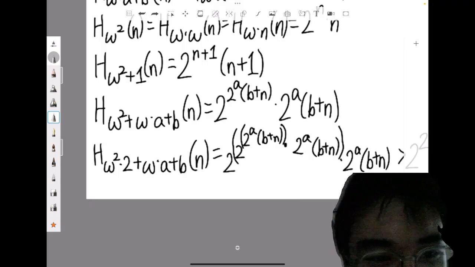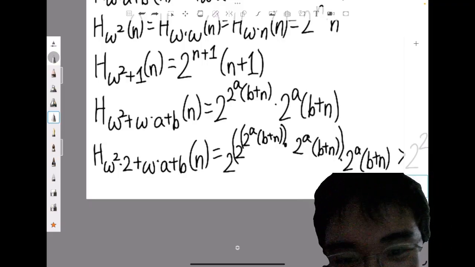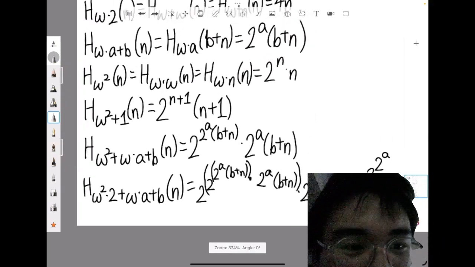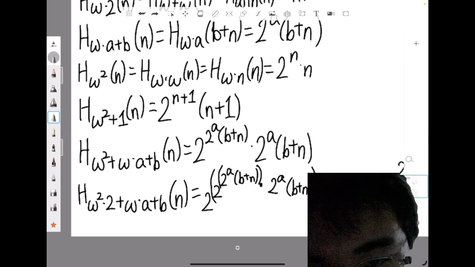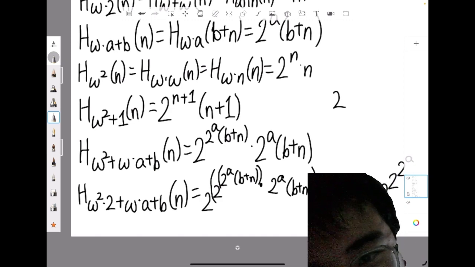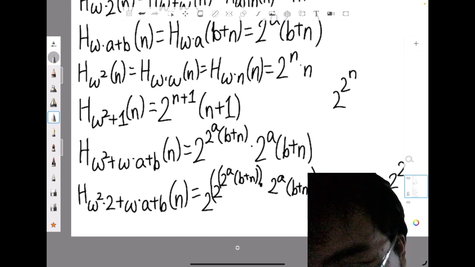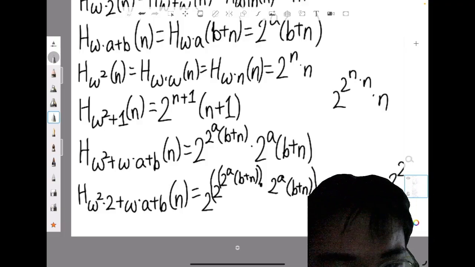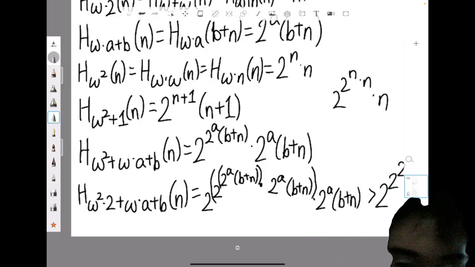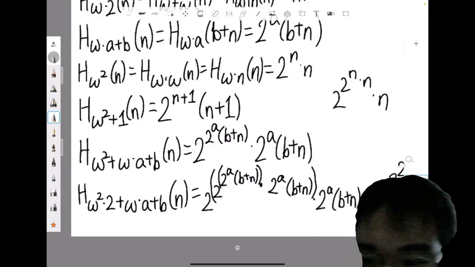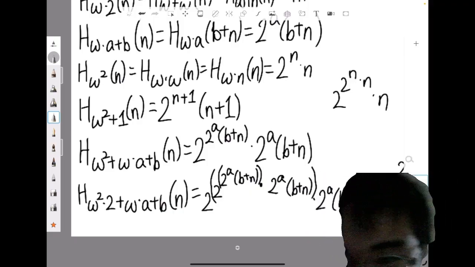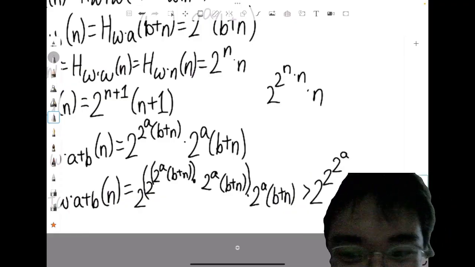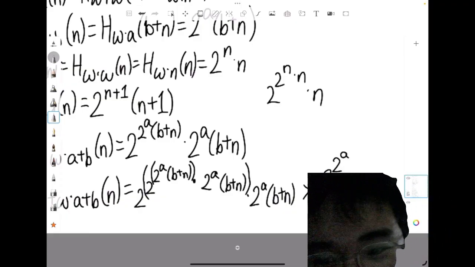When you do just omega squared, you get 2 to the power n times n, and then times n like this. So if you do it to the power a and then times b plus n, you get this monstrosity here, which is larger than 2 to the power 2 to the power 2 to the power a.